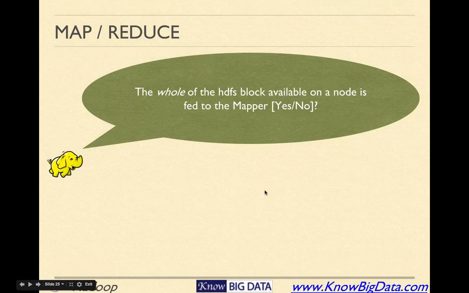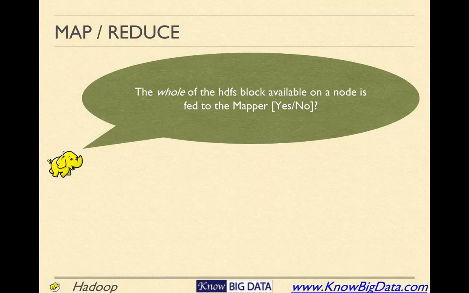Alright. This question is difficult to answer, honestly, because this is something which I want to discuss after this Java discussion. So the whole block cannot be fed to the mapper. Why? Because recollect that the blocks are ruthless slices of the file.